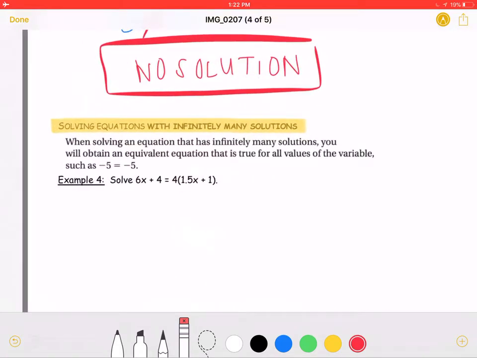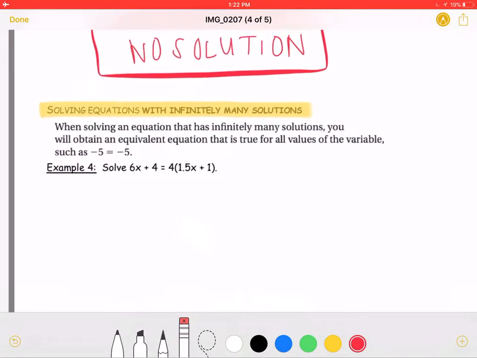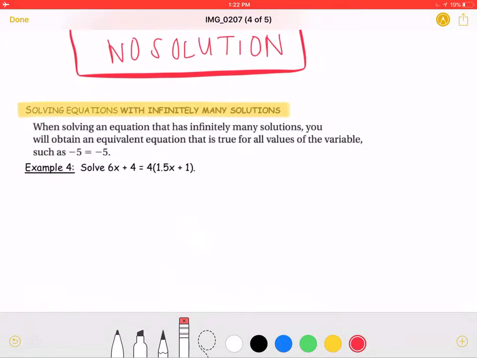Well, what happens when there's infinitely many solutions? That means when you're solving an equation, you're going to obtain something that actually is in fact true. It is equal to each other. So it's true for all values of the variable. You might get something like negative 5 equals negative 5.